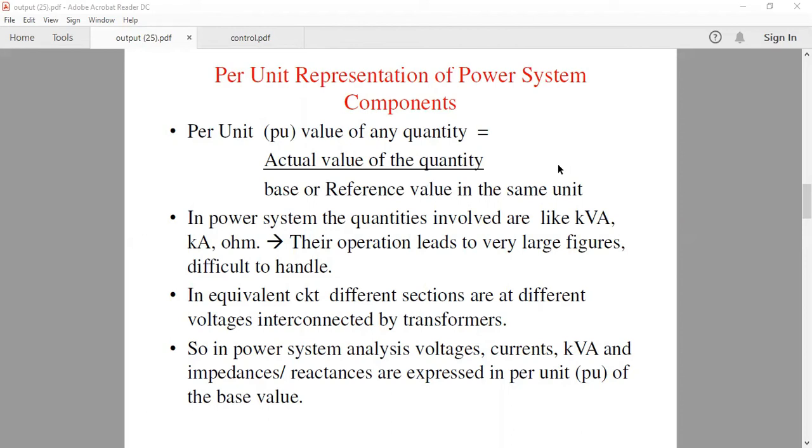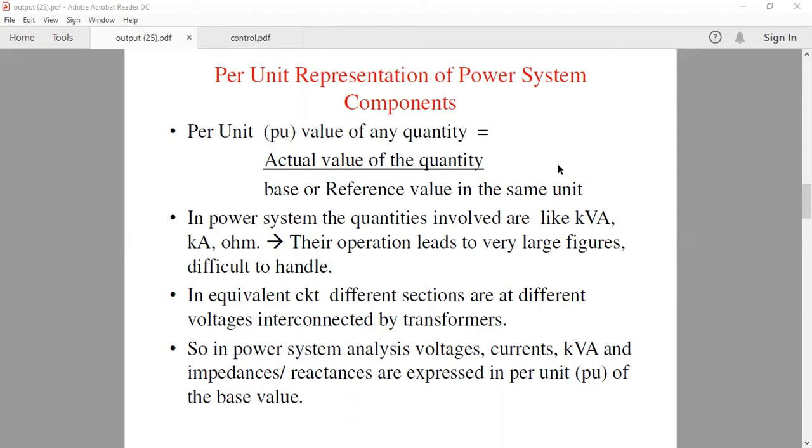In the equivalent circuit, different sections are at different voltages which are interconnected by the transformers.